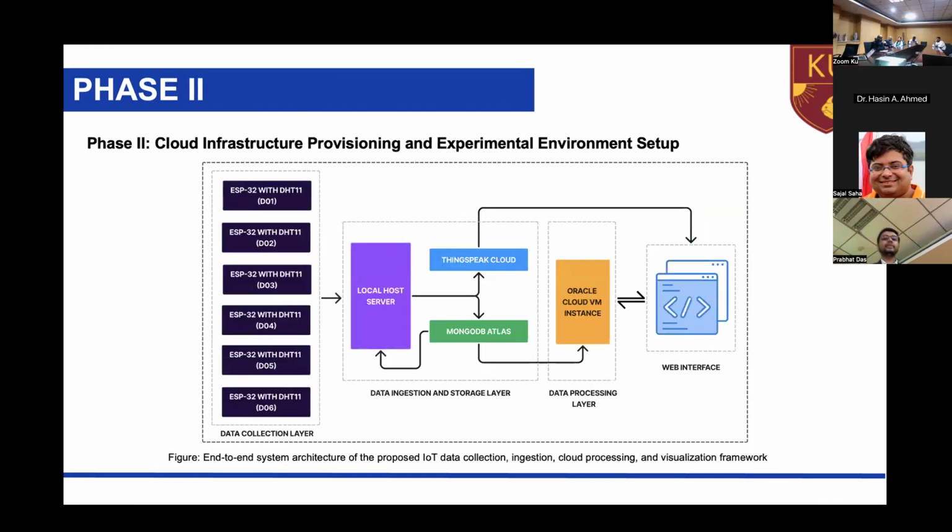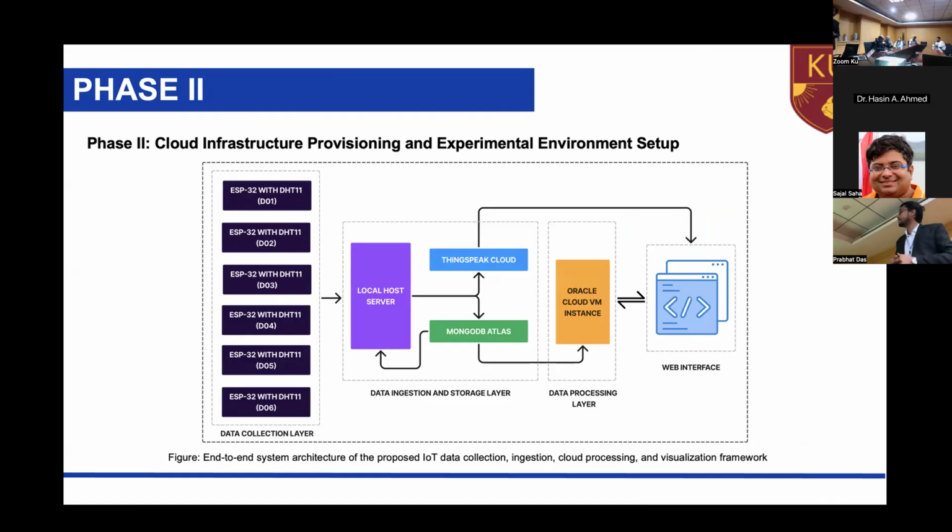In phase 2, we created the entire cloud infrastructure, which comprised connecting all those ESP32 devices with the DHT11 temperature sensor, where the data was collected and sent to a localhost server. From the localhost server, we sent the data to two parallel streams: to ThingSpeak Cloud for visualization purposes, and to MongoDB.